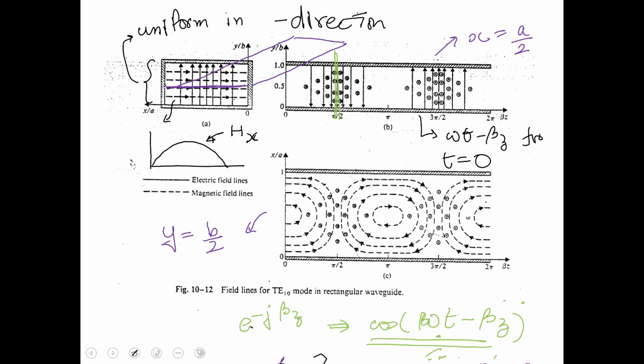Sorry, that's the electric field lines. And around those electric field lines, the magnetic field lines are closing on themselves. Remember again, the magnetic field lines have to close on themselves.